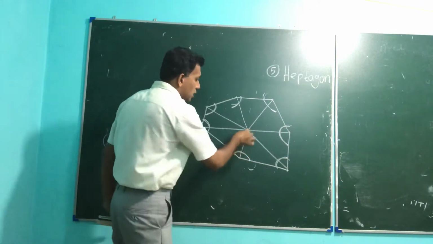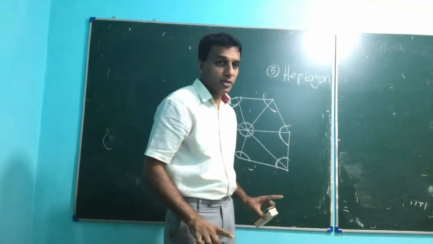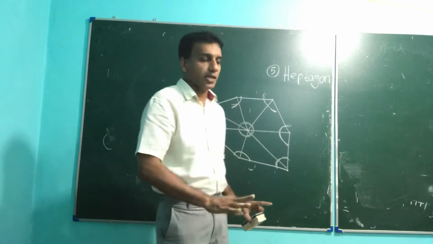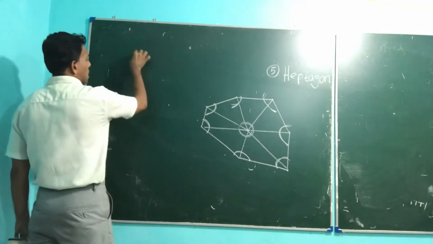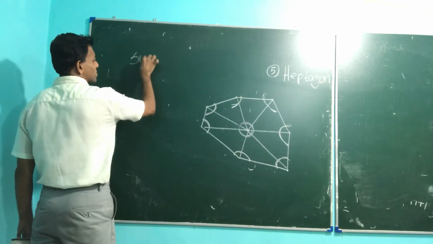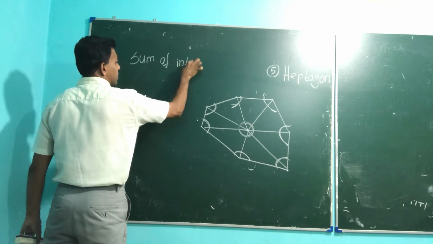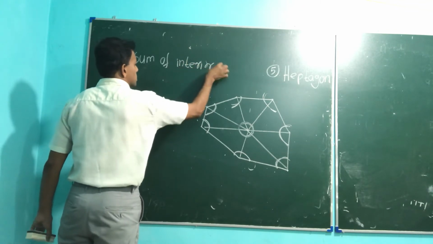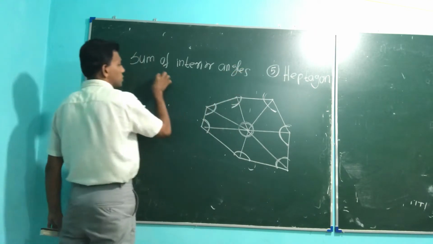Therefore, the idea, you should cut this. There are 21 angles. Too much, not necessary. You subtract the surrounding part. So what is the answer? Sum of interior angles equal to.